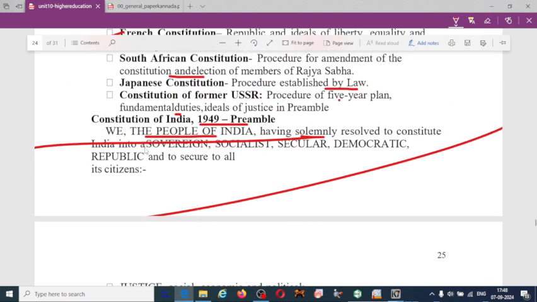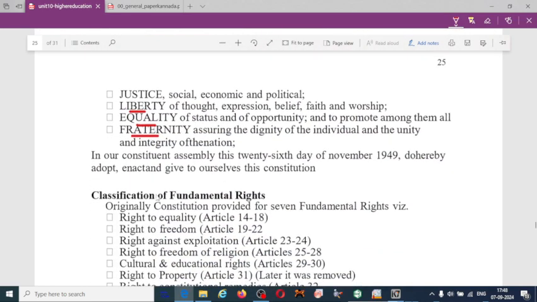All are the key points of this Constitution of India, the preamble.